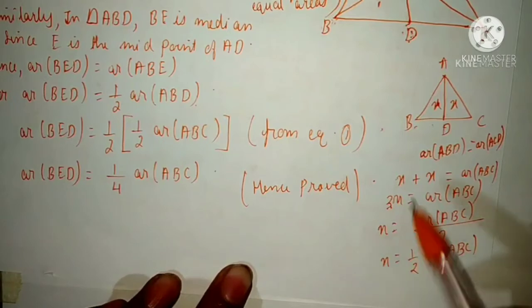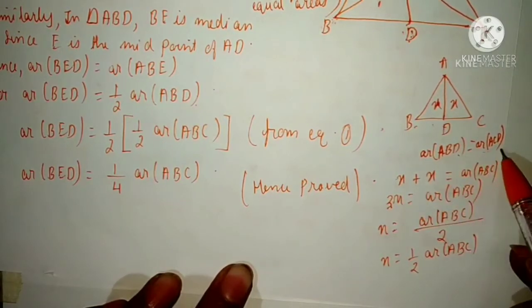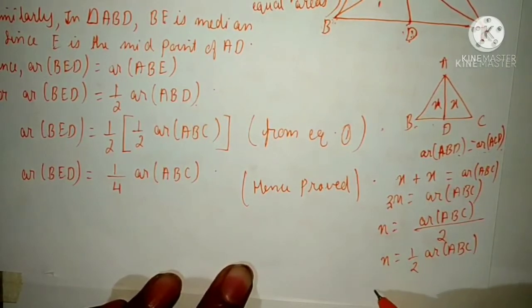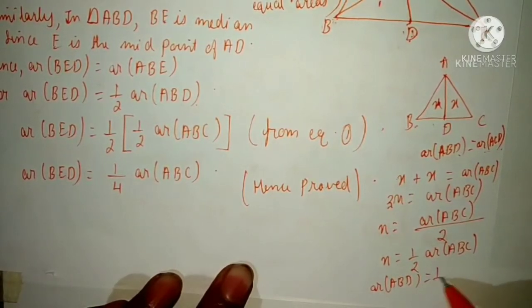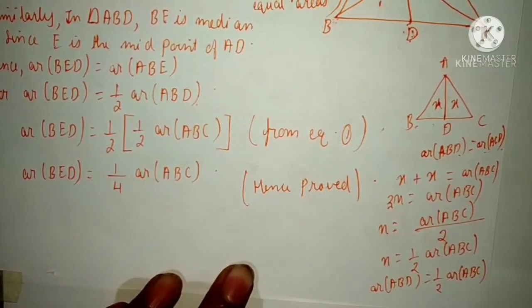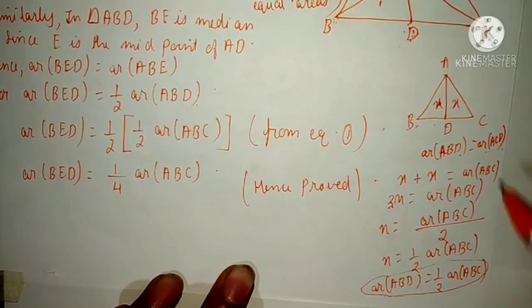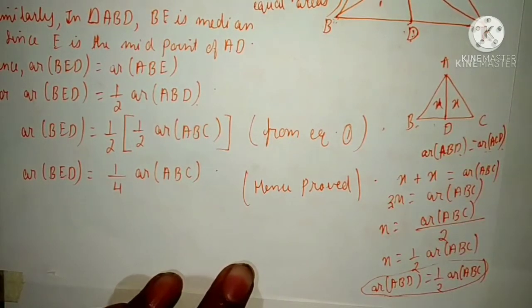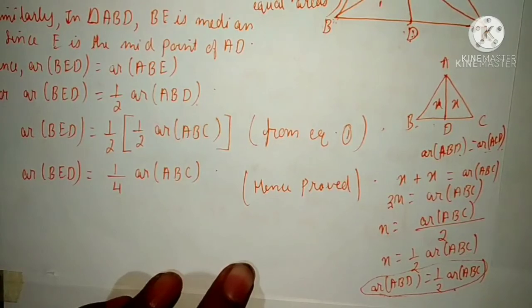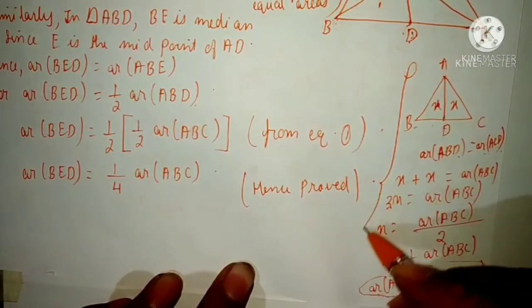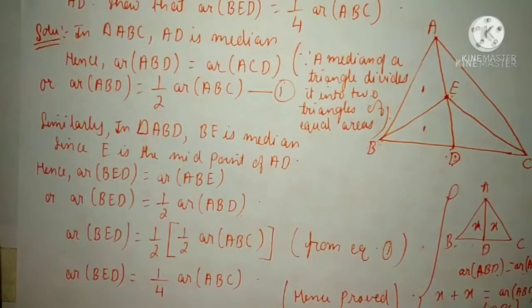Now this x is equal to ABD and ACD, so area of ABD is equal to half of area of ABC. This is how we got this step. So you don't have to write this full explanation, you can directly write this step. This is just for making you understand.